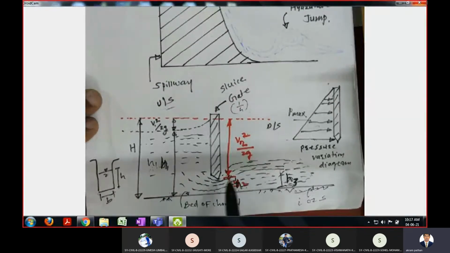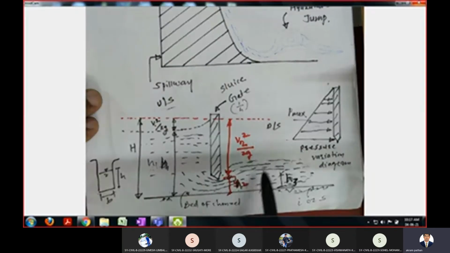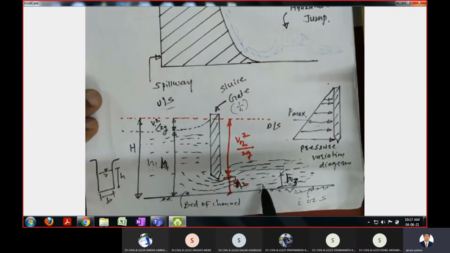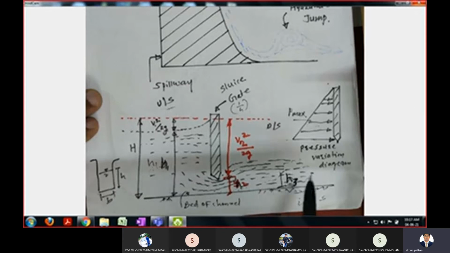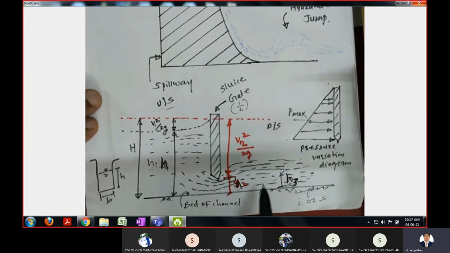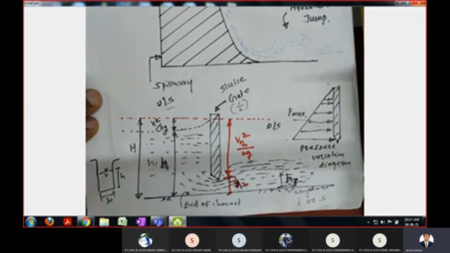Now, why do we have to conduct this practical? Because if you want to irrigate 10,000 or 20,000 hectares of land, how much water is required to irrigate that much land? So the first purpose of today's practical is to calculate the actual discharge.